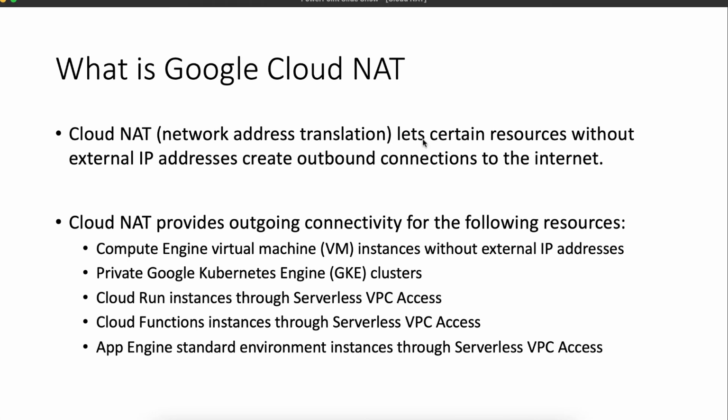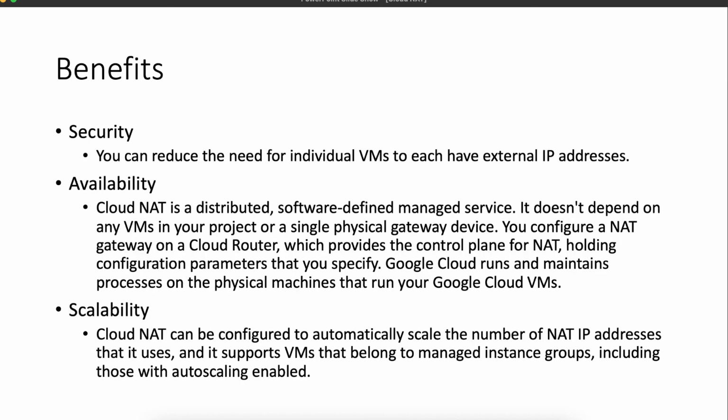Okay, now let's see why you want to use Cloud NAT, right? So, like I said, you can technically create a virtual machine and configure that virtual machine to be used as a NAT as opposed to using Cloud NAT. But why would you choose Cloud NAT as opposed to creating your own virtual machine, right?